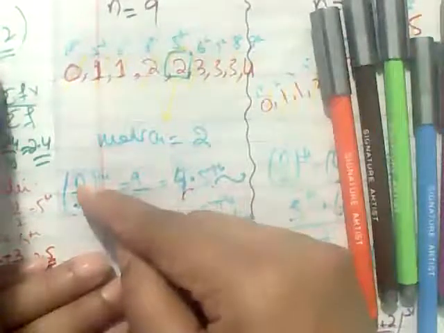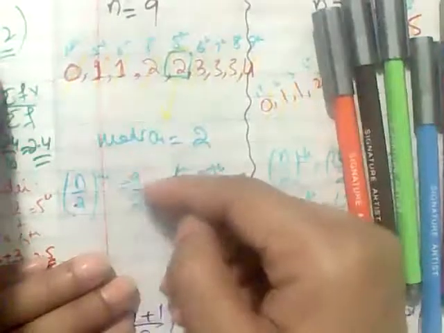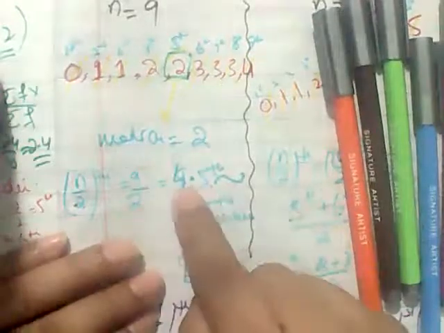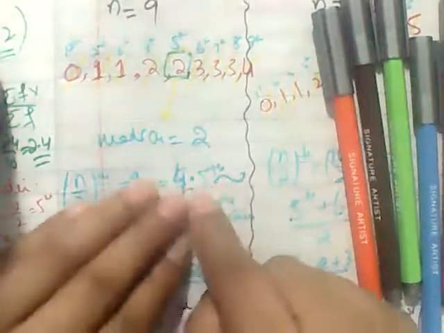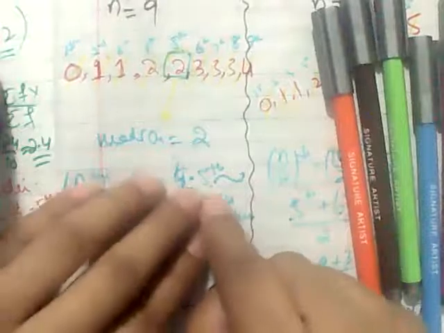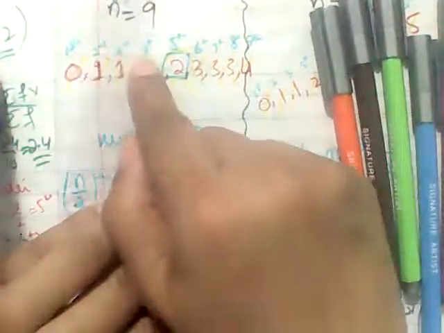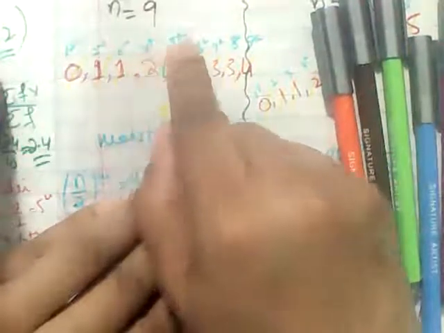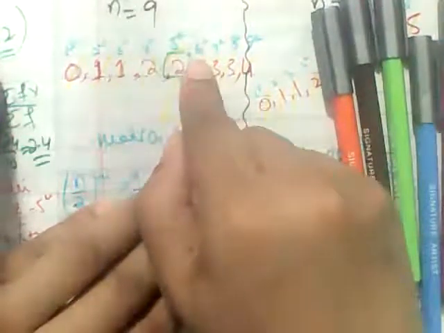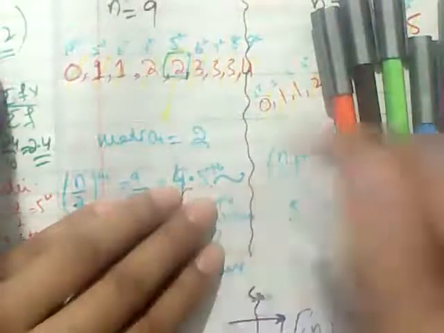So how many values are here? 9. 9 upon 2 gives me the answer 4.5. Can I have a 4.5 value? I can have the fourth value, the fifth value, or the sixth value, but I cannot have 4.5, 5.5, 6.5. That's very obvious.